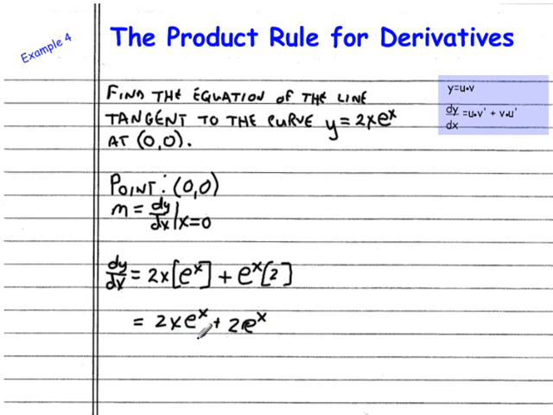Now we could do some factoring and other things, but that's really not the issue. The problem is not about finding the derivative. The problem is about finding the equation of a tangent line. And the reason we need the derivative is because we use the derivative to find the slope of the tangent line.